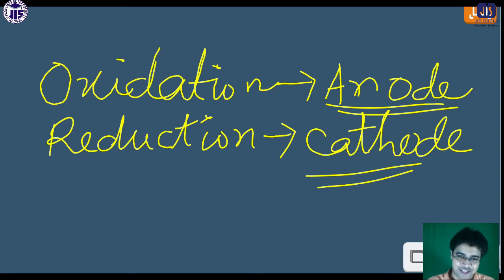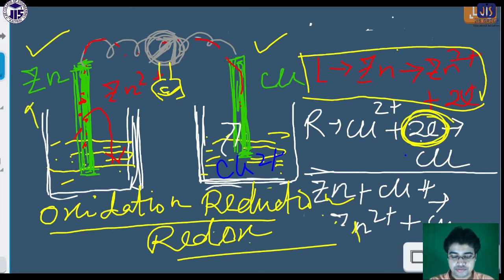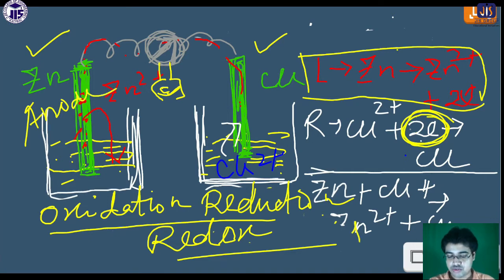So here zinc is the anode and copper is the cathode. Another thing: which is the negative and which is the positive electrode?